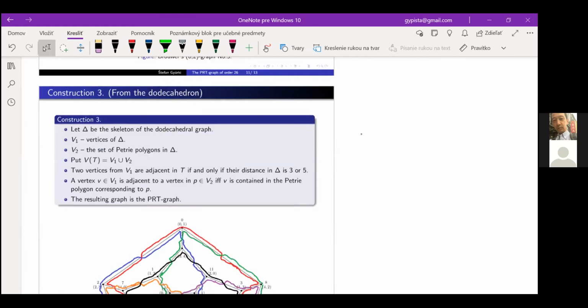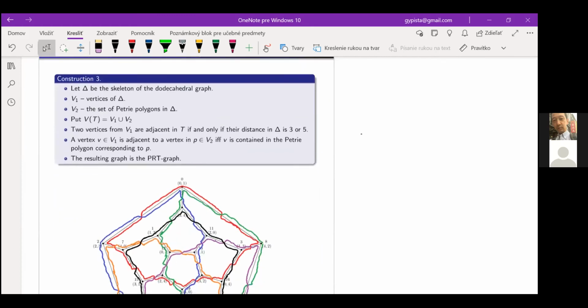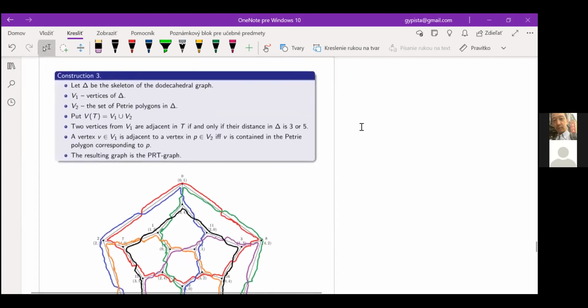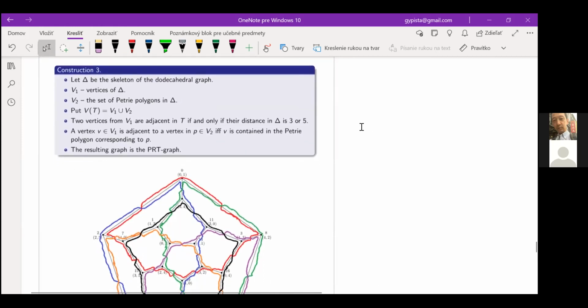Now I am going to say how the construction of the Paulus-Rozenfeld-Thompson graphs work.